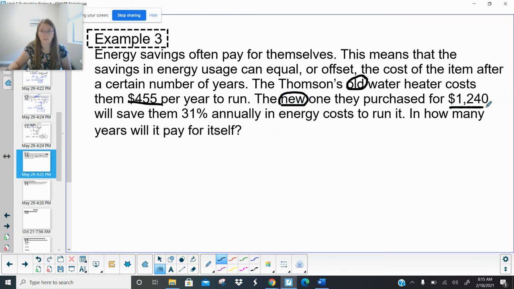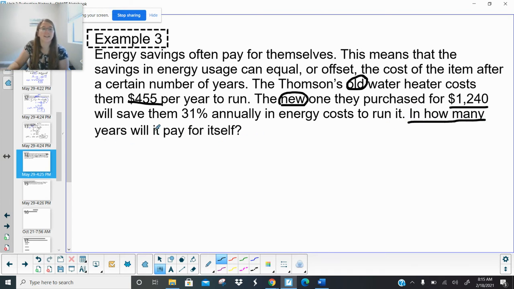However, it's going to save them 31% every year in energy costs. Again, it used to cost them this much per year, but it's going to be 31% cheaper, so that eventually all that money they will have saved will add up to the money they had to spend to buy it in the first place. The question says, in how many years will it pay for itself?